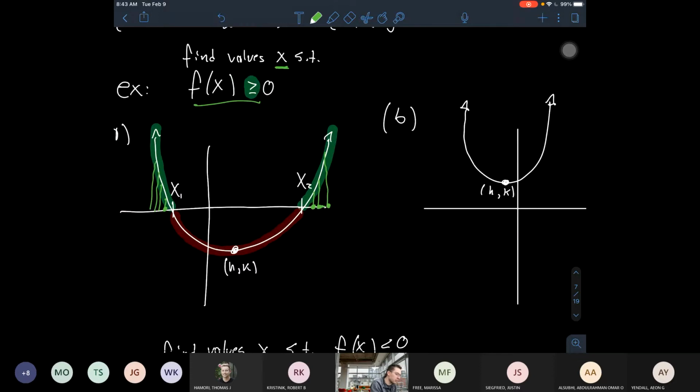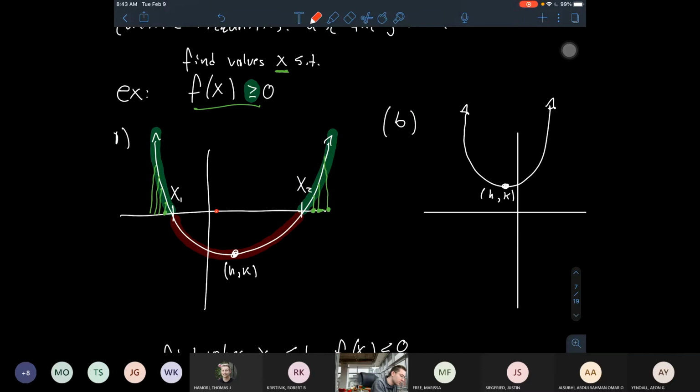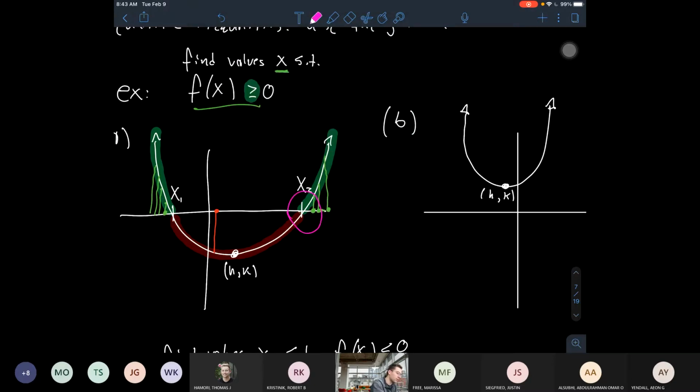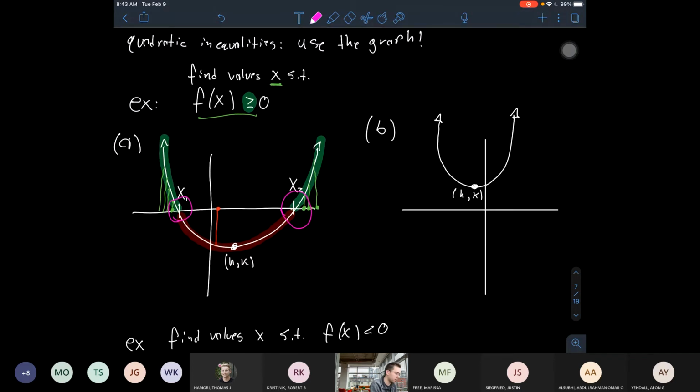Okay, so what this is telling me is as long as I know where the zeros of the function are, as long as I know where it crosses through, I'm going to have no problem telling you what x values this function is larger than or equal to 0 for.